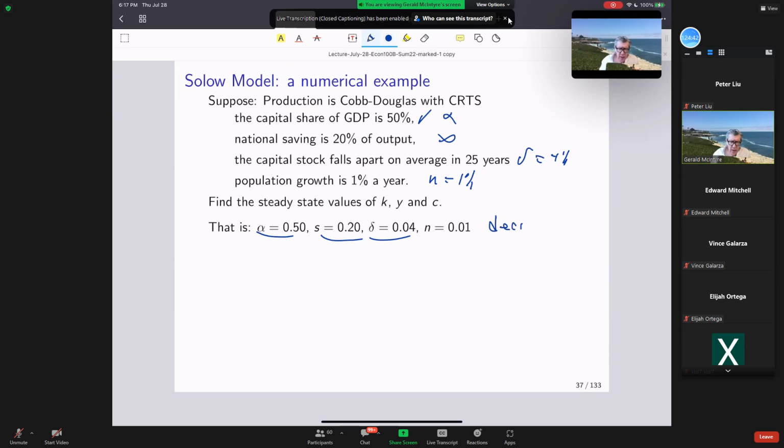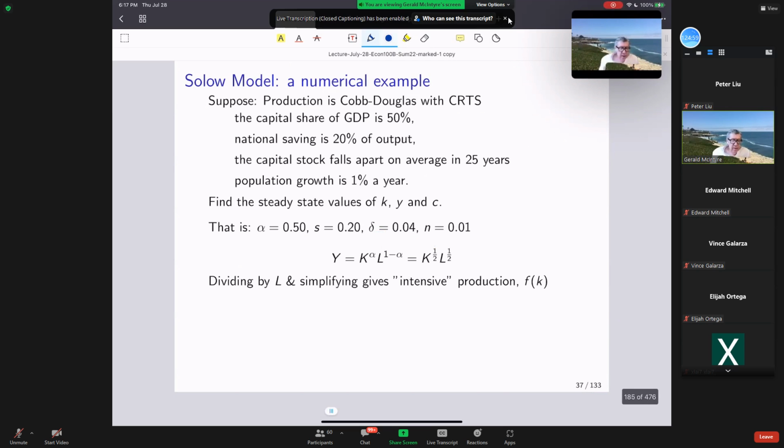All expressed as a decimal. Putting this together, here's the aggregate production function. Notice the alpha here is a half. Dividing by L simplifies the aggregate production function to the intensive form of the production function. Notice we have a half here, and it is reproduced. It's still on that exponent.